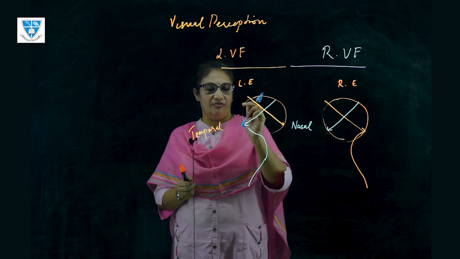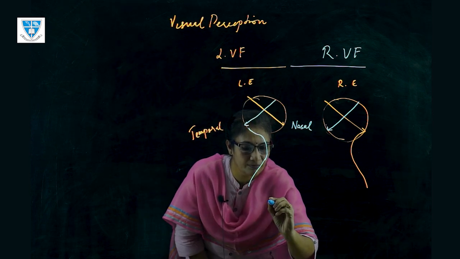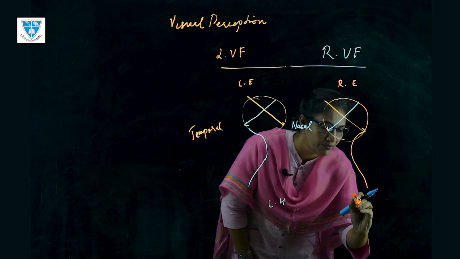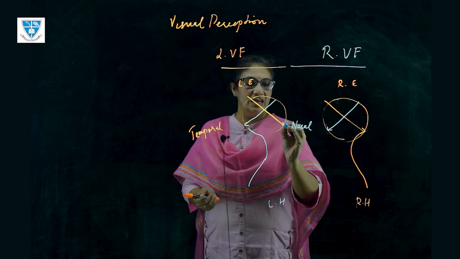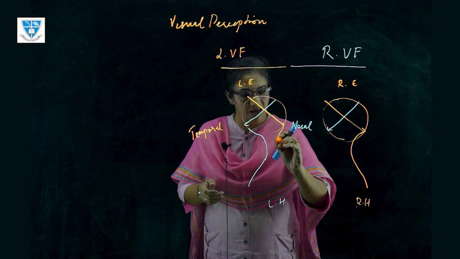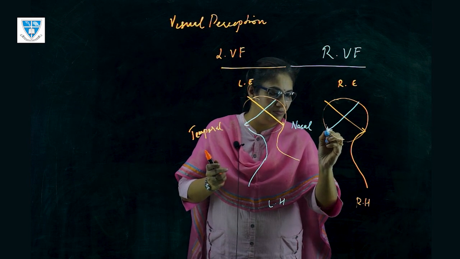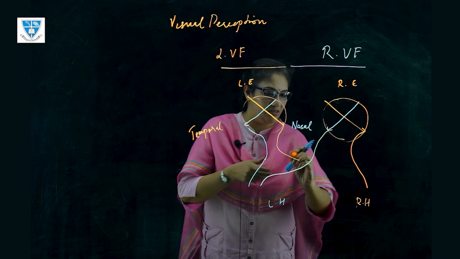From the left eye, the information moves on to the left hemisphere, and from the right eye, it moves on to the right hemisphere. Whatever is in the nasal portion leaves the retina, and at the optic chiasm it crosses over and moves into the opposite hemisphere.